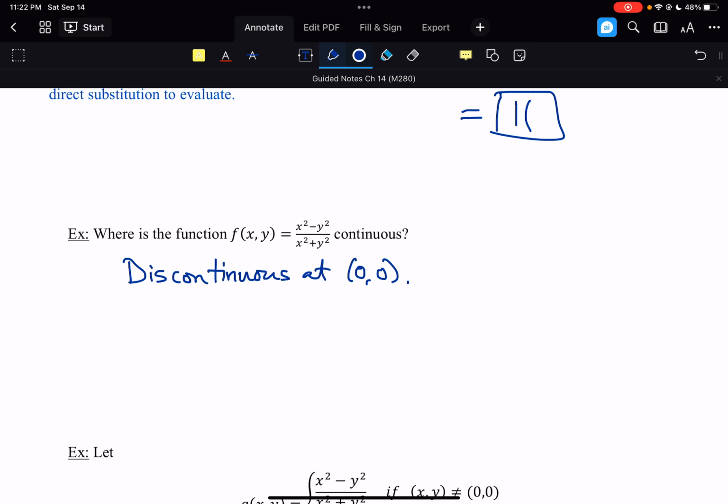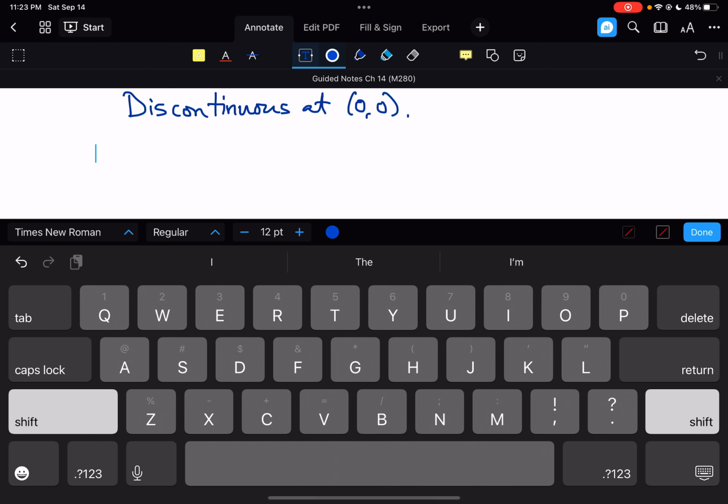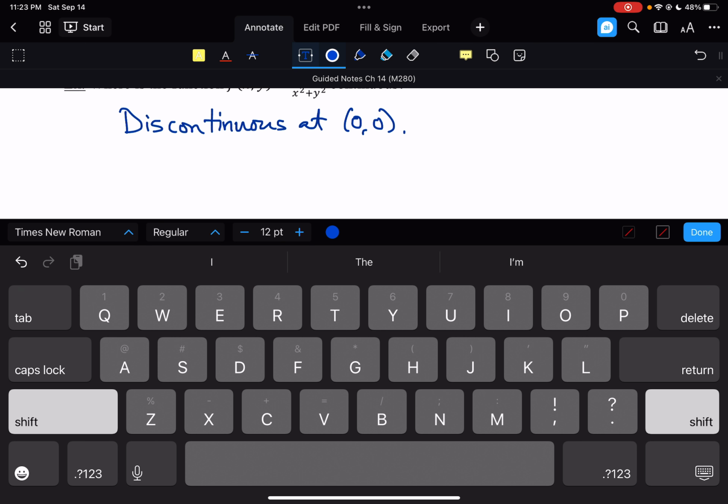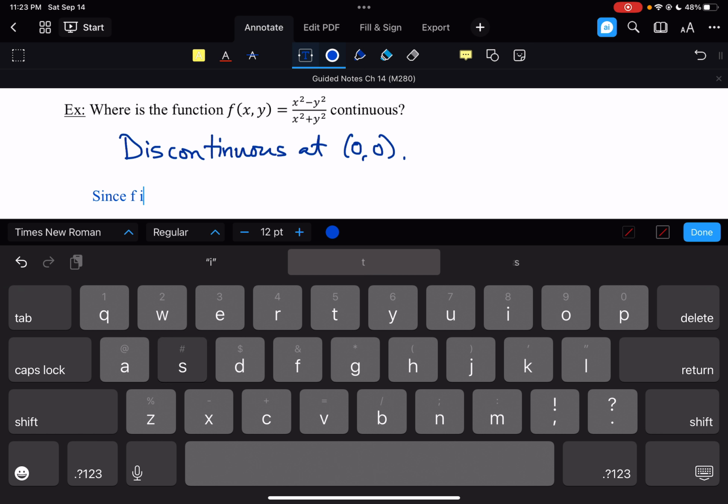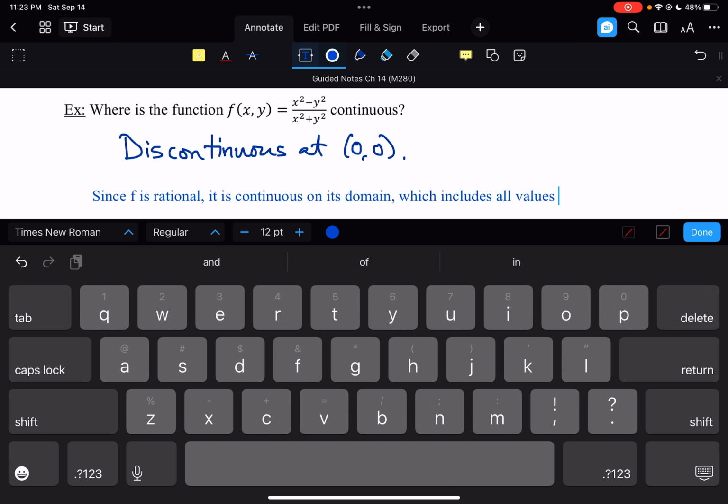Now, this is a rational function, and rational functions behave like they do back in algebra and Calc 1. So we can say, since f is rational, it is continuous on its domain, which includes all values (x, y) except (0, 0).